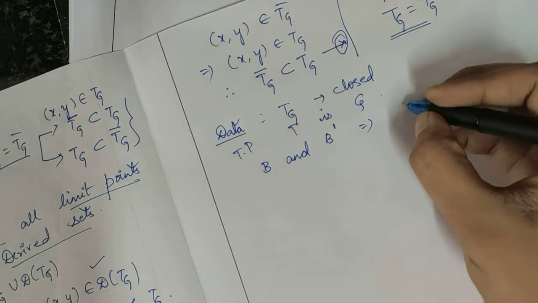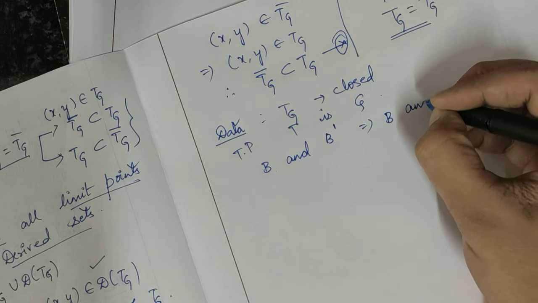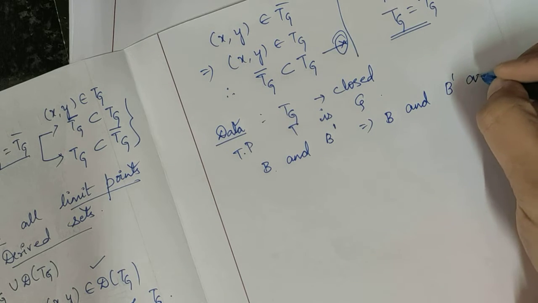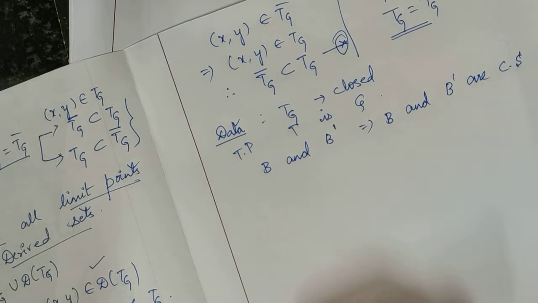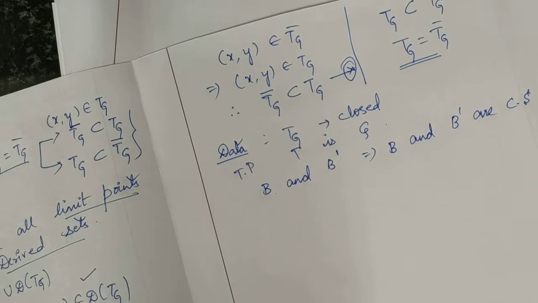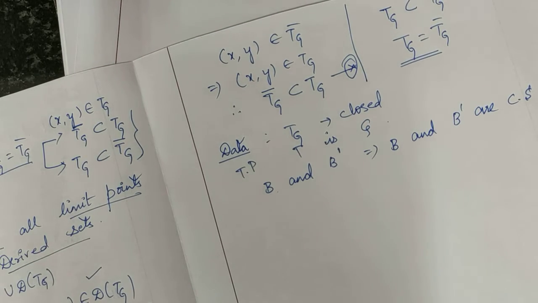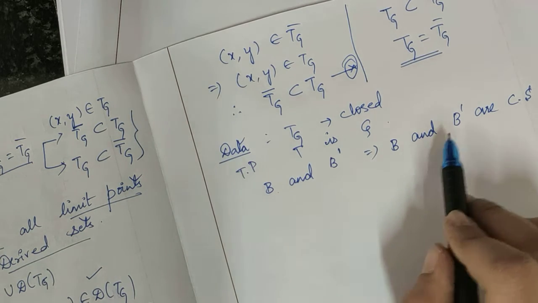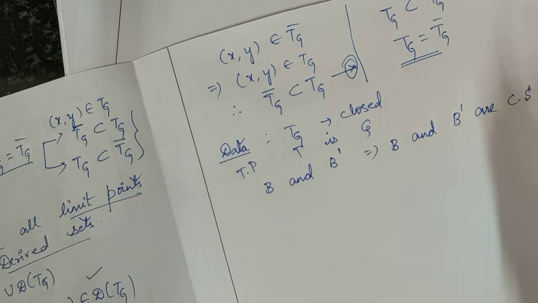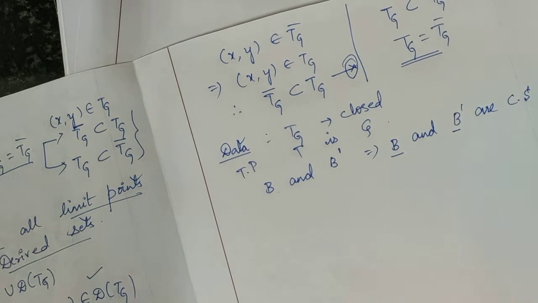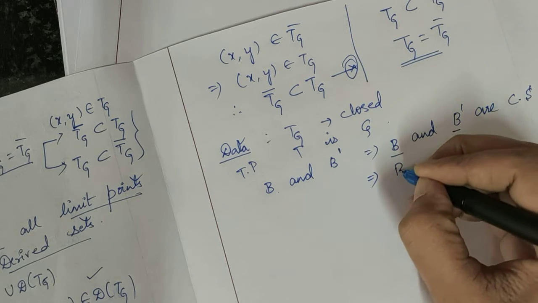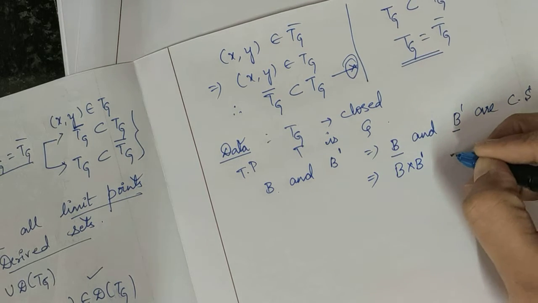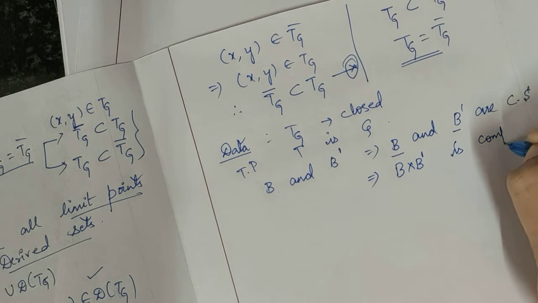If these two are Banach spaces, this implies that B and B prime are complete spaces. Because from the definition of Banach spaces, any space which is normed, linear and complete, you call that a Banach space. So B and B prime are complete spaces. If these two are complete spaces, then the Cartesian product of B and B prime is also complete.